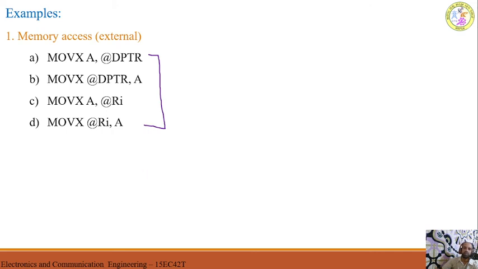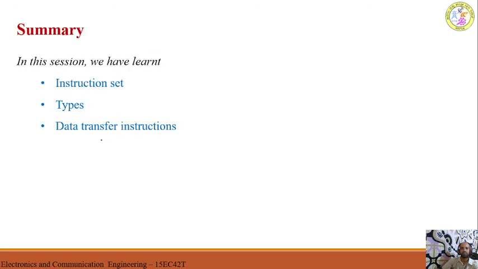Remember, whenever we access data from the external memory, or store data into the external memory, we must write the letter X. This letter X indicates that this is the external memory. And how to find the address? Either the address can be 16-bit, in these two cases, or 8-bit, in these two cases.